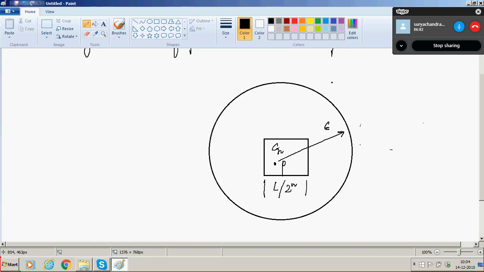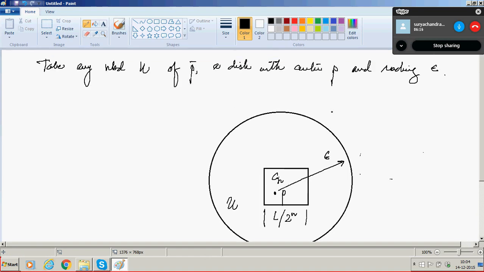So, this is the small square. We take a disk with center P, radius epsilon. This is what I call the neighborhood U. Is it clear now? Okay. So now, in radius epsilon, when n is sufficiently large, I will make a little comment on this proof.